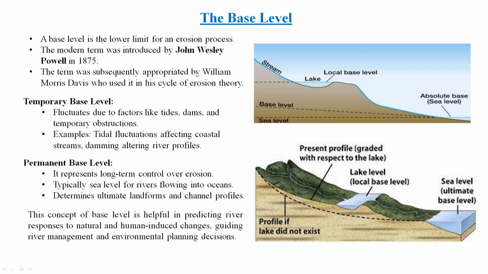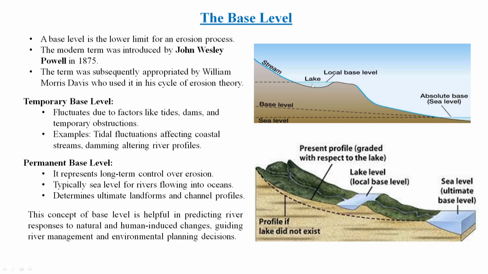There is another important aspect that we already discussed in our principles of stratigraphy, but just to mention again: the base level of erosion. There are two types of base level. One is the temporary base level, the other is the permanent base level, like we discussed.